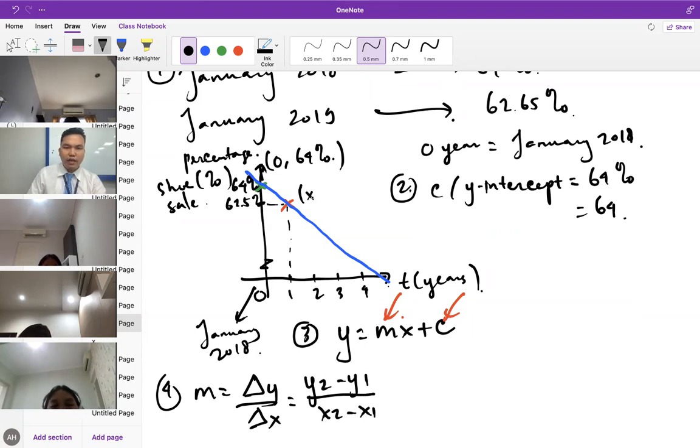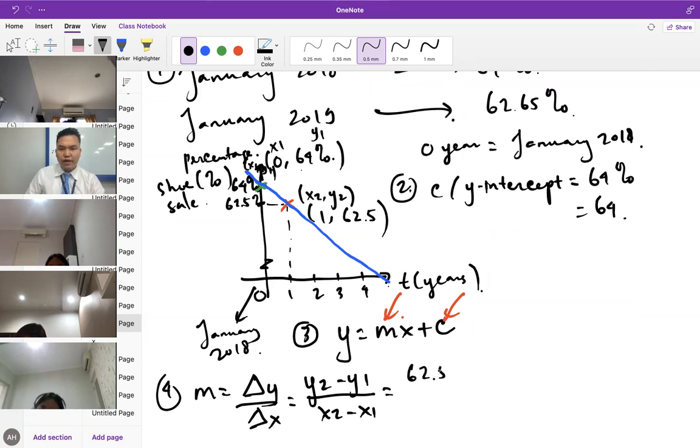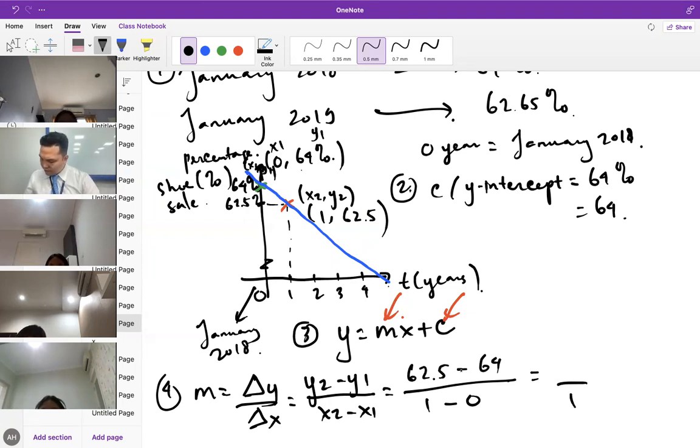This is your x2, y2. This is your x1, y1. Here, x2, y2 is basically 1, 62.5, so the gradient is 62.5 minus 64 over 1 minus 0. 1 minus 0 is, of course, 1. 62.5 minus 64 is equal to minus 1.35.